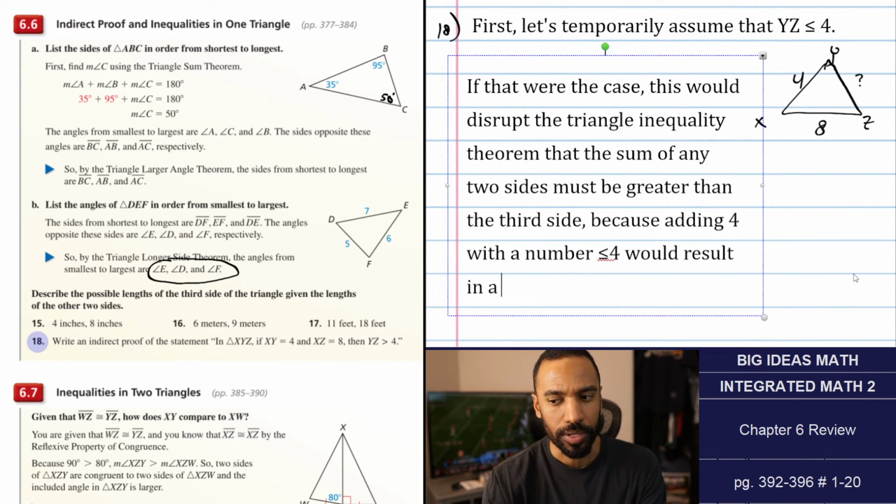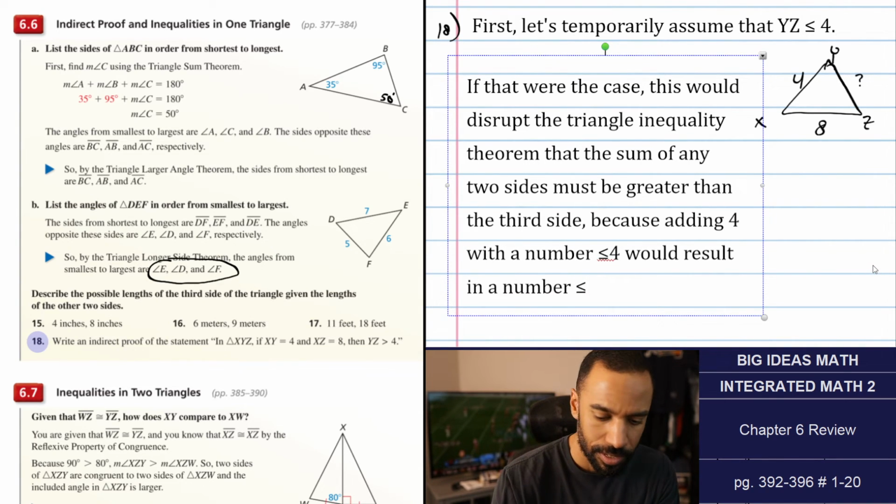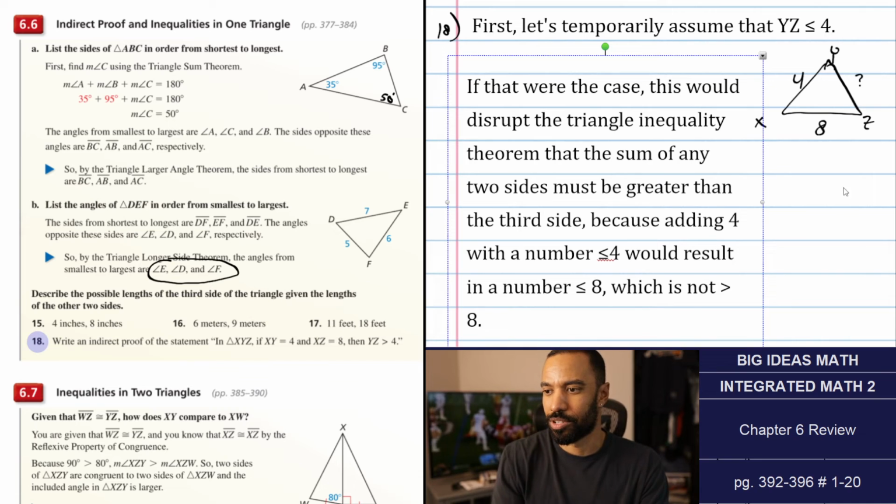I'm over explaining this one, by the way. Less than or equal to 8, which is not greater than 8. Of course it ain't.